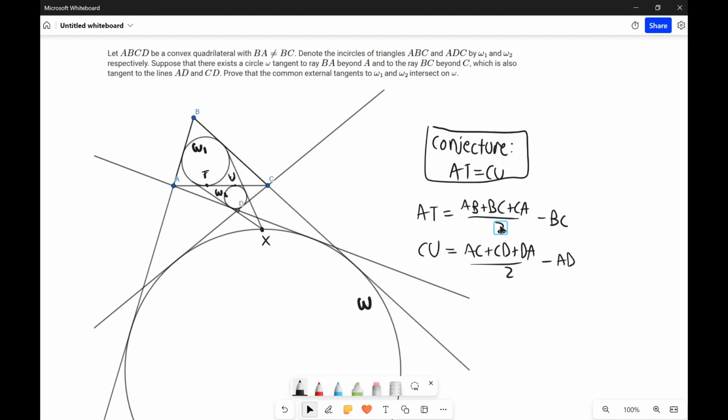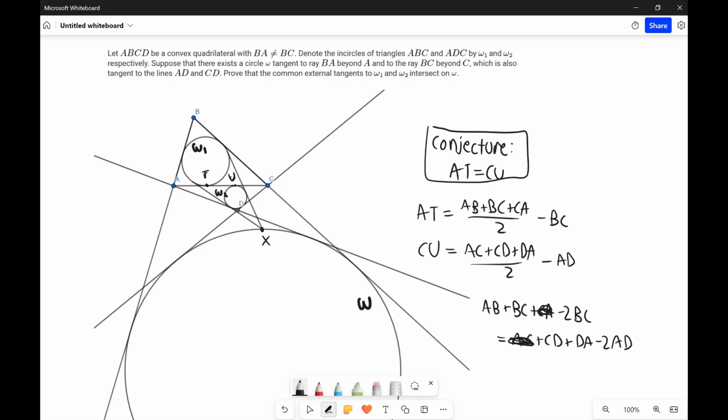Clearing denominators by multiplying both sides by 2, this becomes AB plus BC plus CA minus 2BC is equal to AC plus CD plus DA minus 2AD. Now we see that the AC's cancel from both sides, so we can ignore that.